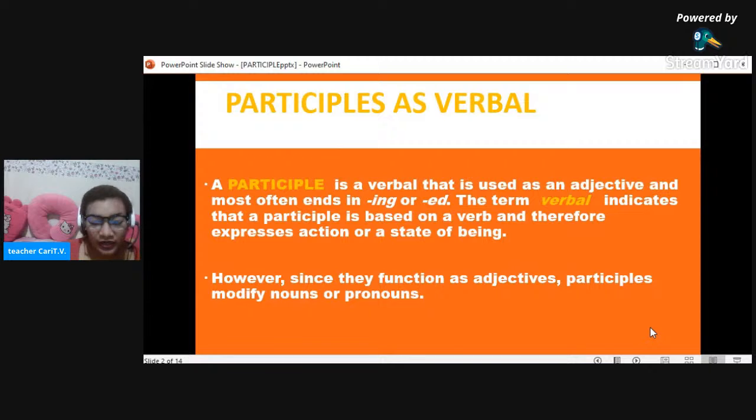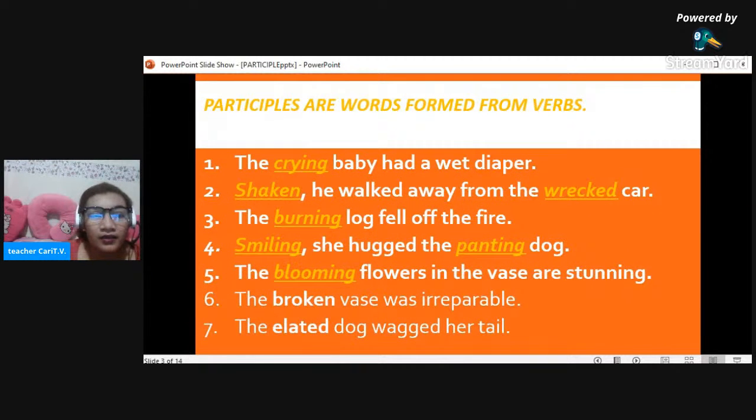So, they look like verbs. Actually, the form is a verb, but the purpose is an adjective. And when we say adjective, it describes a noun or pronoun. So we have these examples.